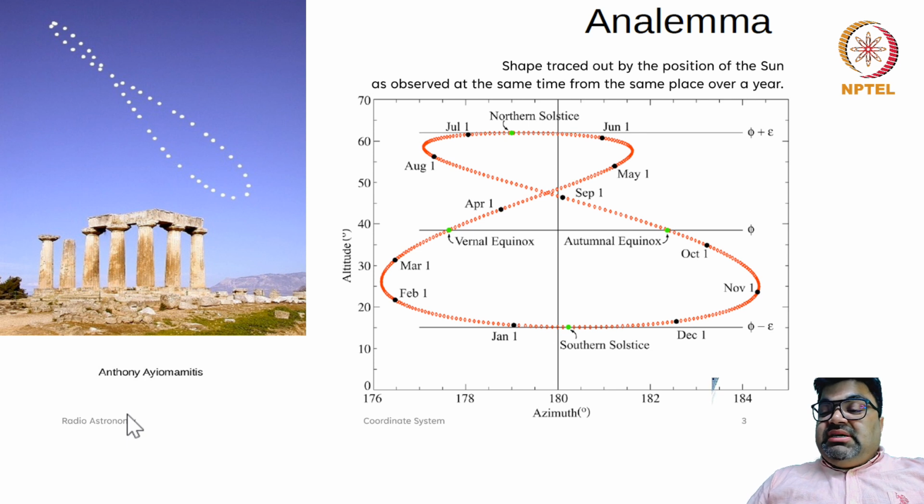Similar thing is also noticed in case of this analemma, where if you are in a particular position on the surface of the Earth and you keep looking at the sun, or take the sun's image every day at the same time across the entire year, you will see that the sun will make kind of a figure of 8, but a little bit skewed, kind of a projection on the sky.